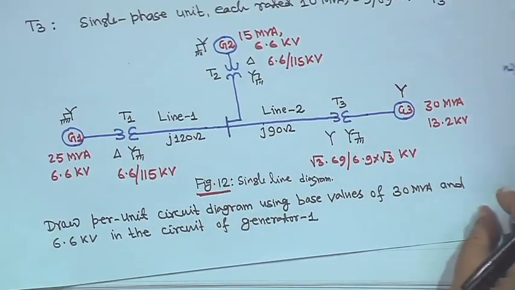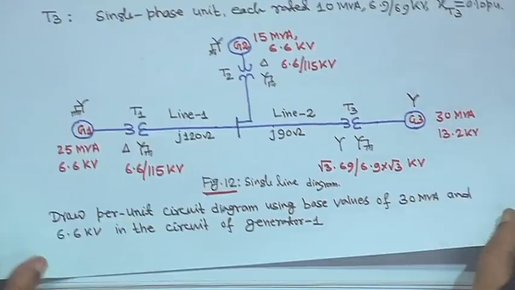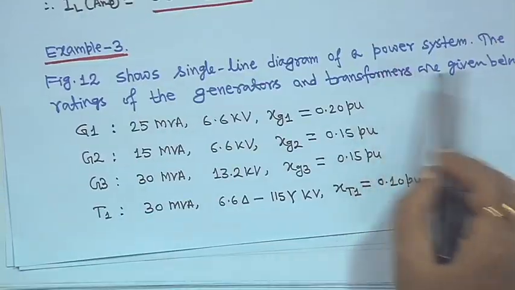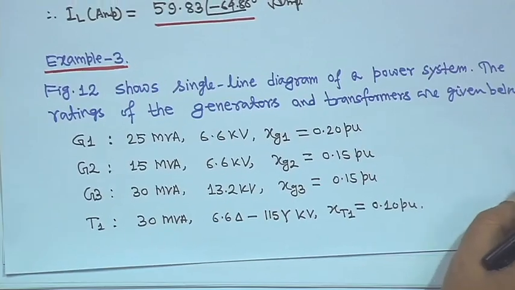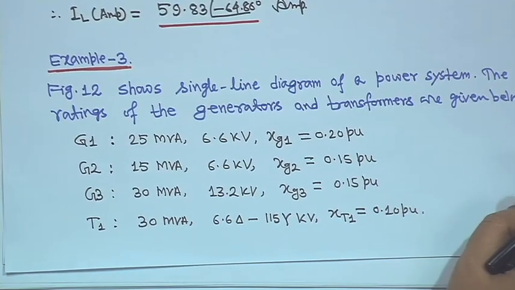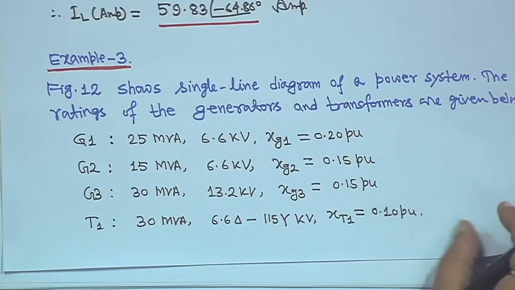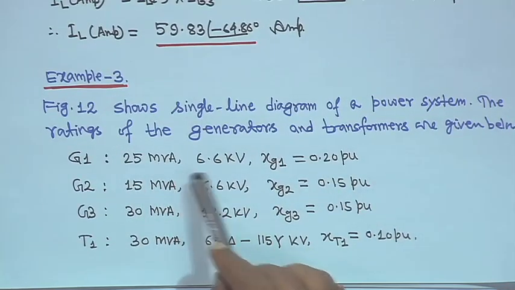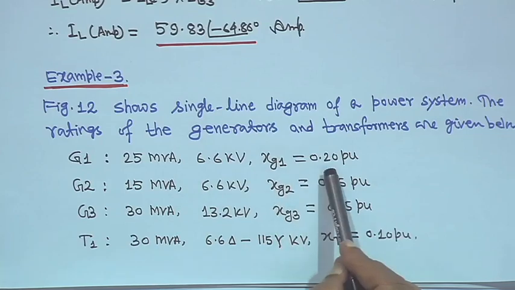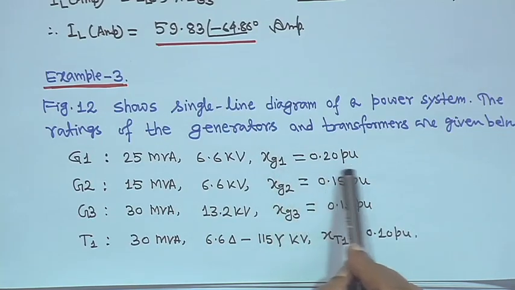You have to make a single line diagram of this, and the data is given below. What you have to do is find out its per unit reactance diagram. G1 is 25 MVA, 6.6 kV, and the generator reactance is given as 0.2.